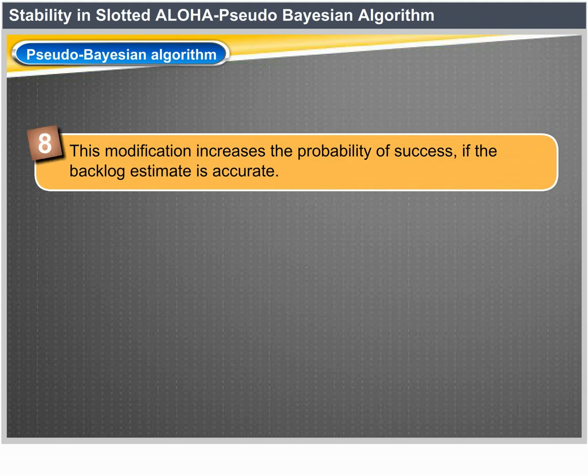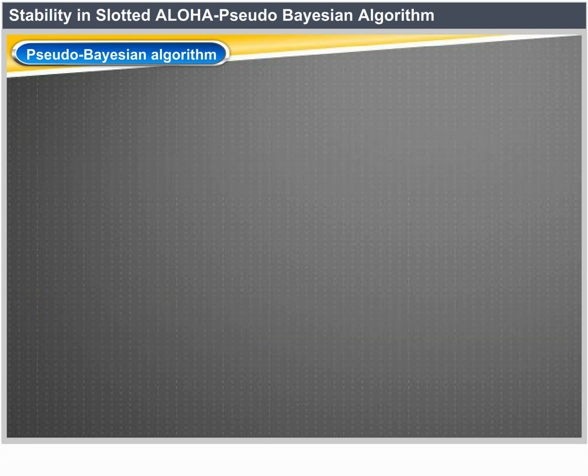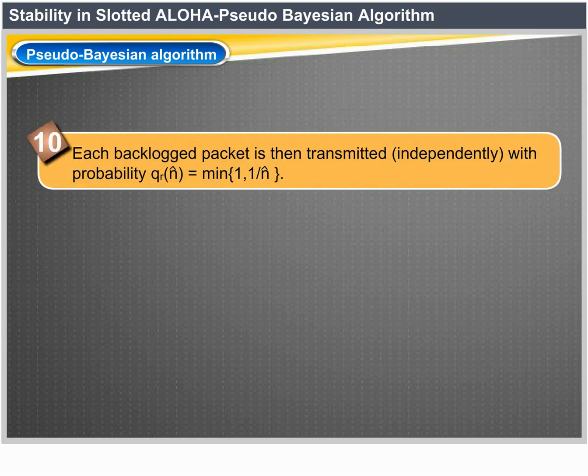The algorithm operates by maintaining an estimate n-hat of the backlog n at the beginning of each slot. Each backlogged packet is then transmitted independently with probability q_r(n-hat) = min{1, 1/n-hat}.